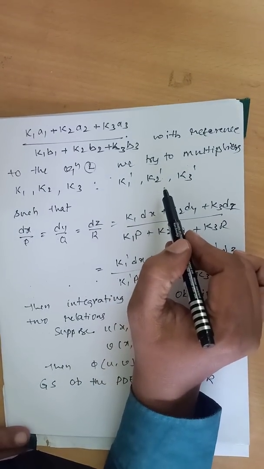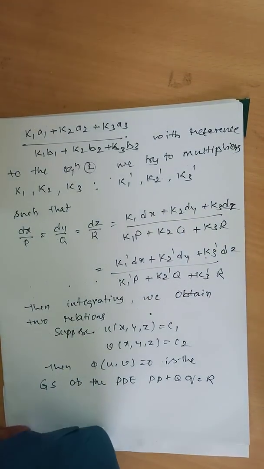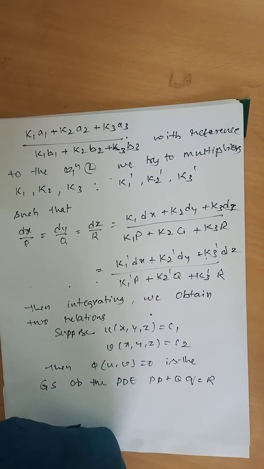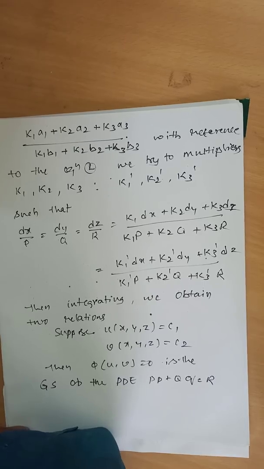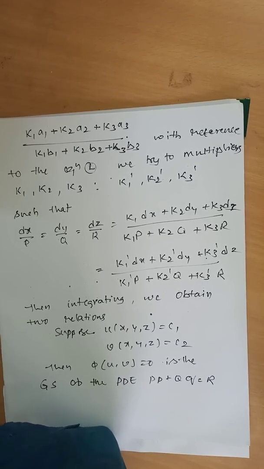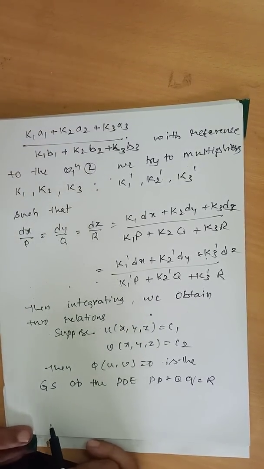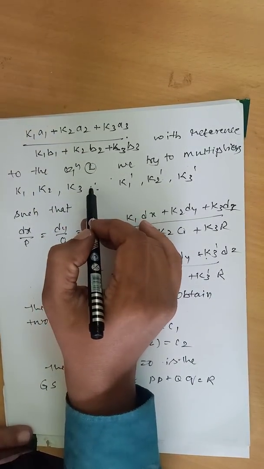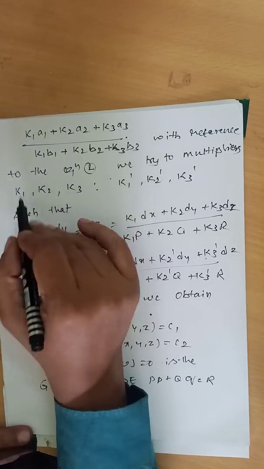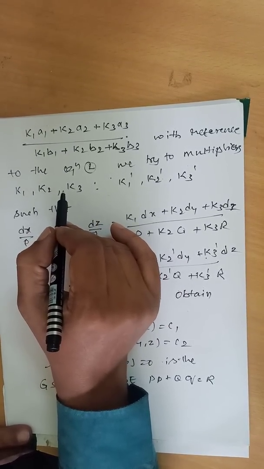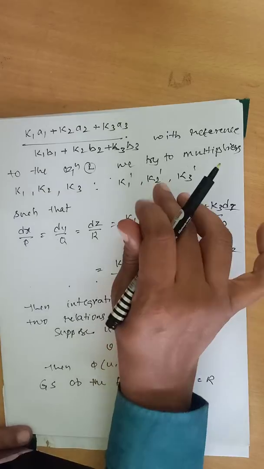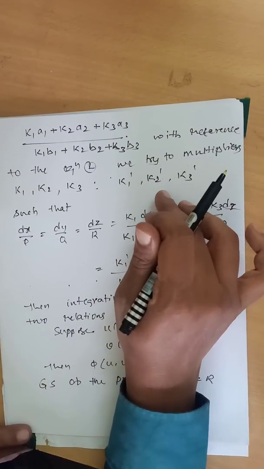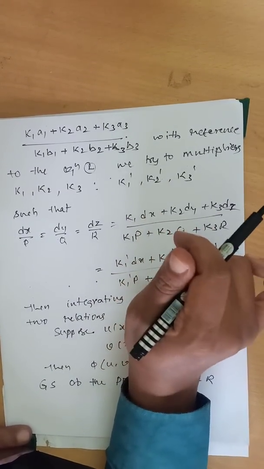In this particular method we choose the multipliers twice, because the solution is in the form of phi of u comma v equal to 0. That is why in every problem we choose multipliers twice: first we choose multipliers with respect to u and then another set of multipliers with respect to v.